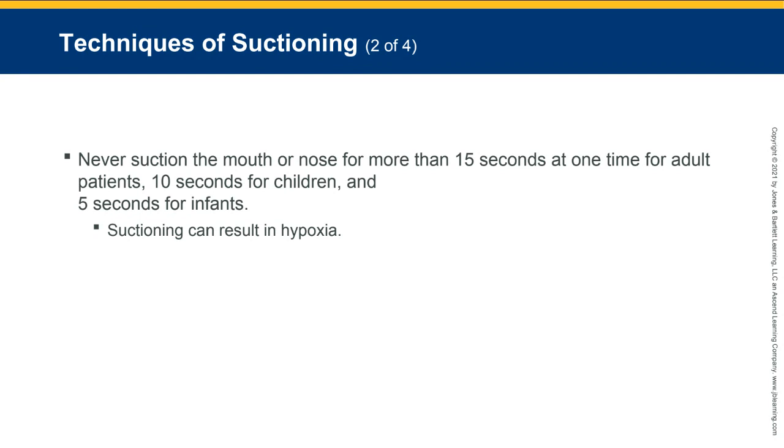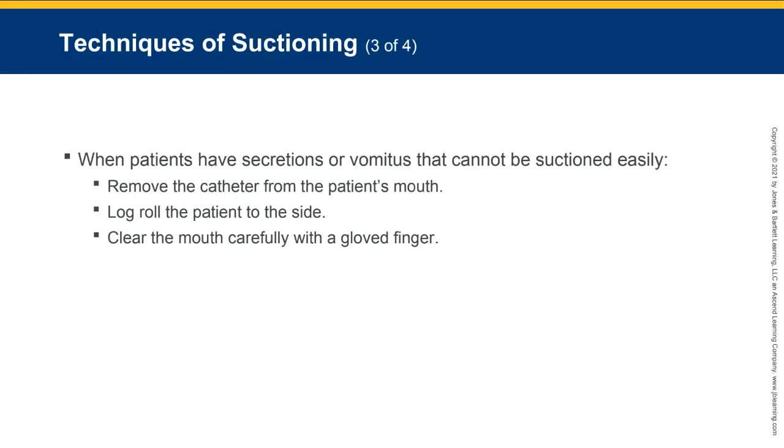Suctioning can result in hypoxia, can dry out the mucous membranes, and it can stimulate the vagus nerve, which can slow the patient's heart rate down. When patients have secretions or vomitus that cannot be suctioned easily, remove the catheter from the patient's mouth, log roll the patient to the side, and clear the mouth carefully with a gloved finger.